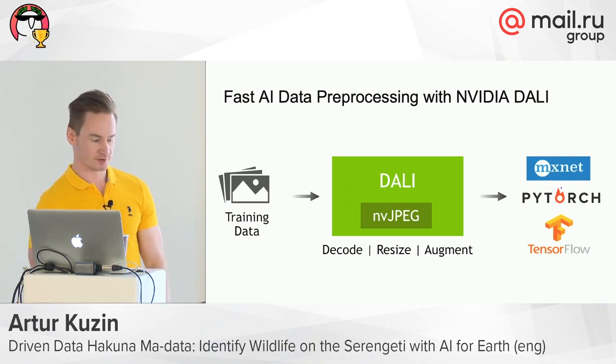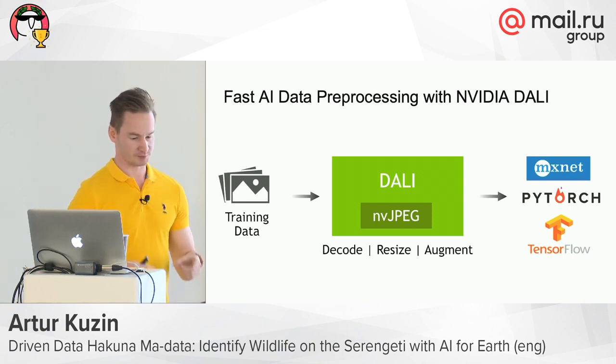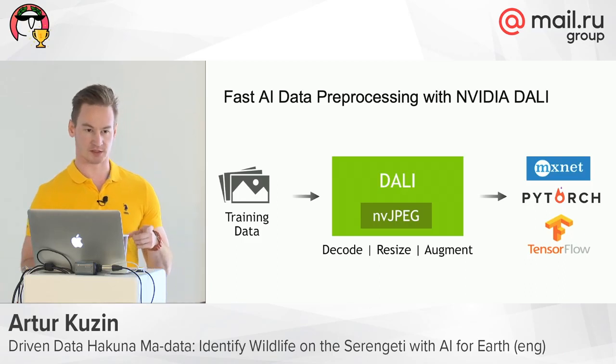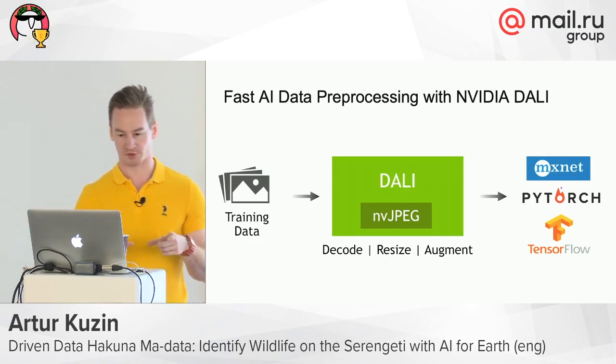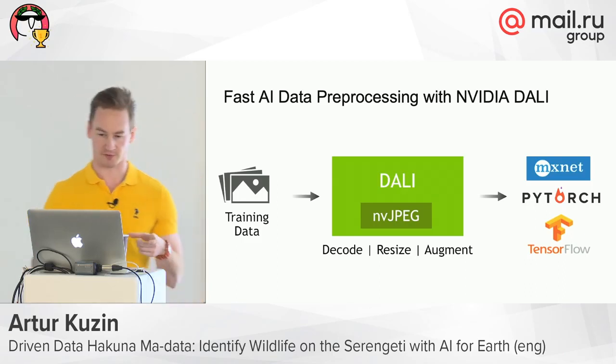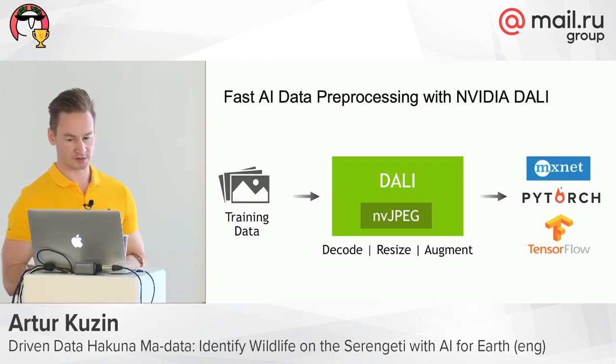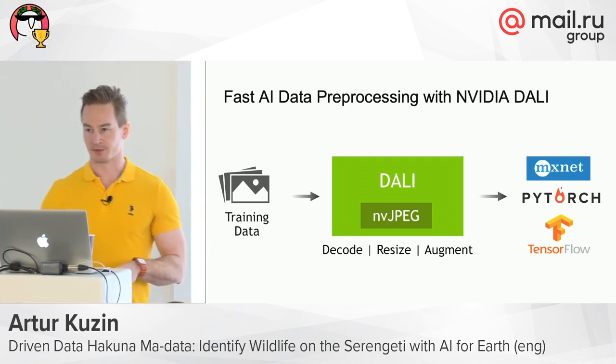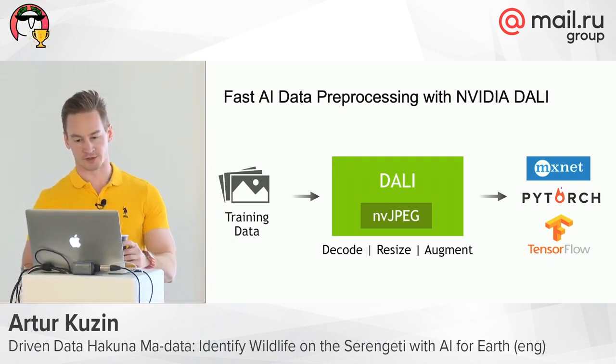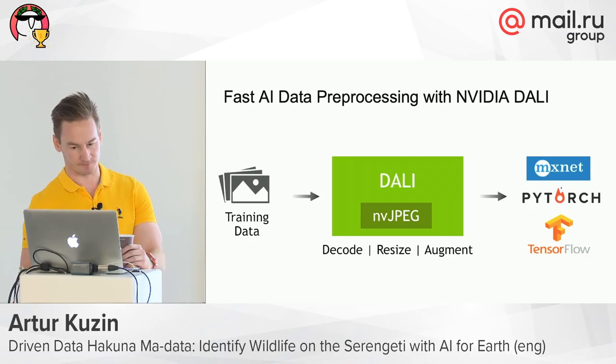But it's also important to know that it does not produce exactly bitwise the same JPEG decompression output as other frameworks like OpenCV. So if you train your network with DALI and then compare the score you get on validation with, for example, the PyTorch data loader, you always get a minor accuracy drop of about 0.1%.